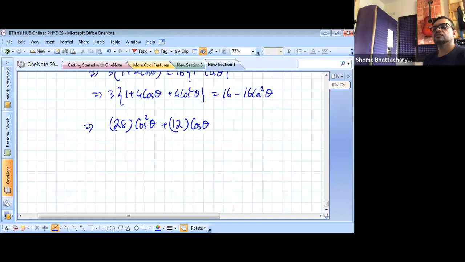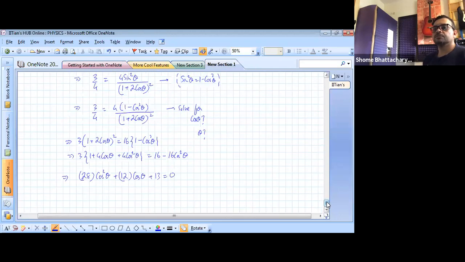And then we have 16 minus 3, so that is plus 13, is equal to 0. Now we solve this as a quadratic equation for cos theta. So just take a note of the steps up to here first.